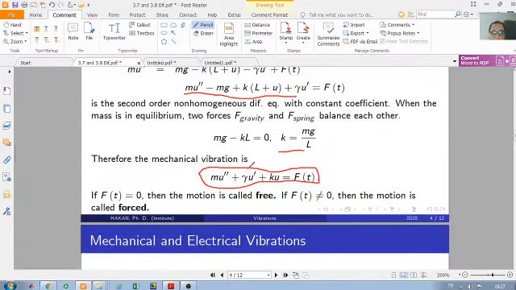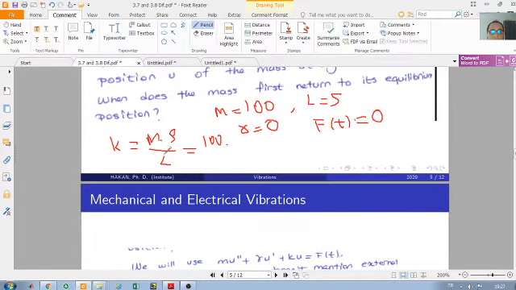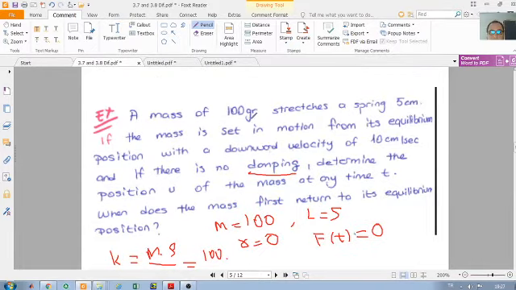So according to the formula written here, it is equal to m times g over L. m is equal to 100. g is the gravitational constant, and we should be careful when we write the value of this gravitational constant. We should look at the units of the quantities written here. m is 100 grams, L is in centimeters.